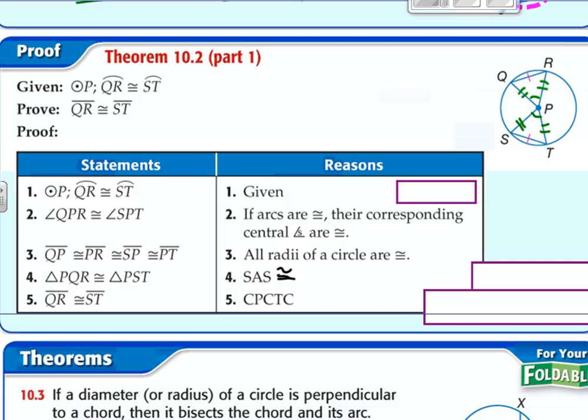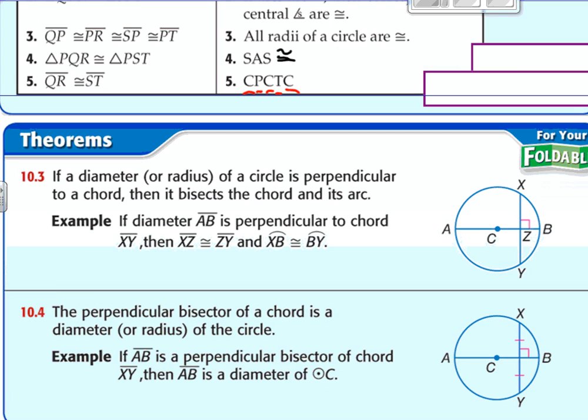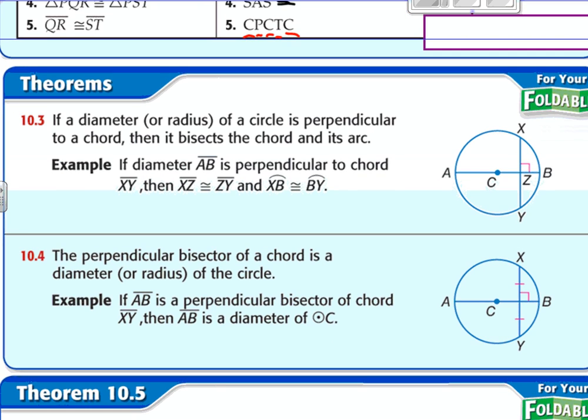Raise your hand if you could tell us what those letters mean. Yes, corresponding parts of congruent triangles are congruent. CPCTC, corresponding parts of congruent triangles are congruent. Just to remember some things.